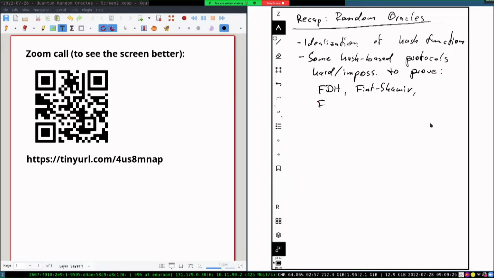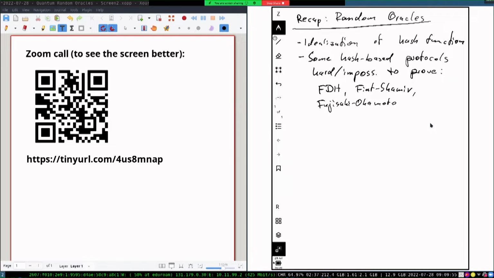And then there is the Fujisaki-Okamoto transform, which is heavily used in the construction of encryption schemes, and it uses random oracles. You will find Fujisaki-Okamoto and Fiat-Shamir all over the NIST competition. And to prove this, we work in the random oracle model.